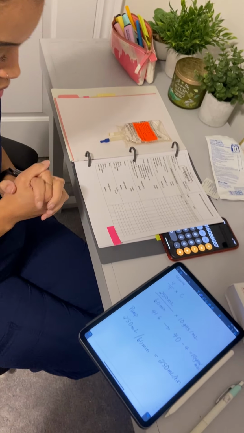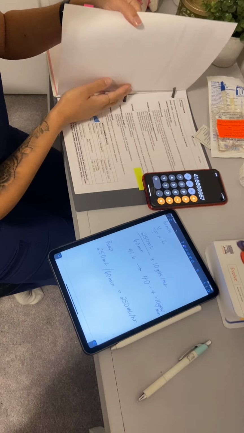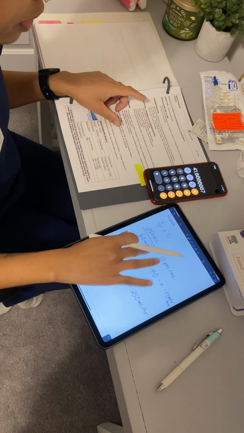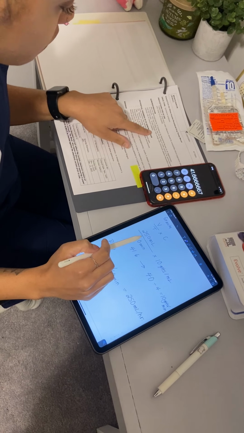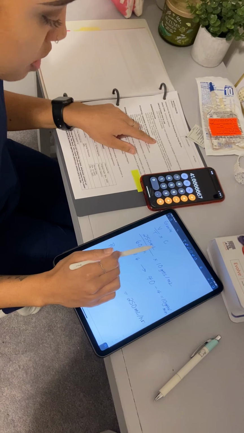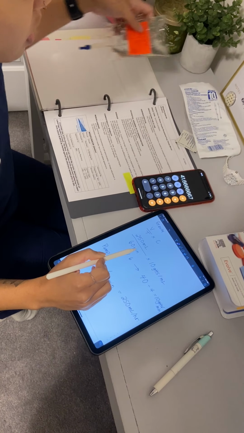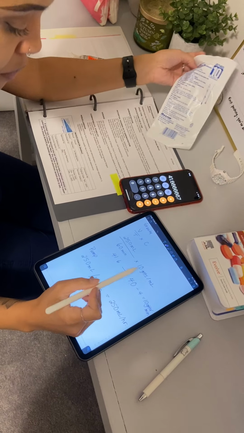So now I'm going to be checking my drug calculations again. So for gravity, it's V over T times C, which is what I got there. Her volume is 250 milliliters. The time is 60 minutes, and then the drop factor is 10 drops per milliliter.